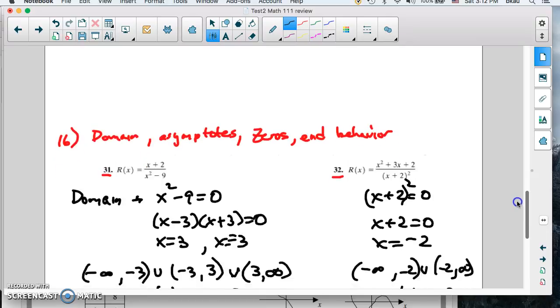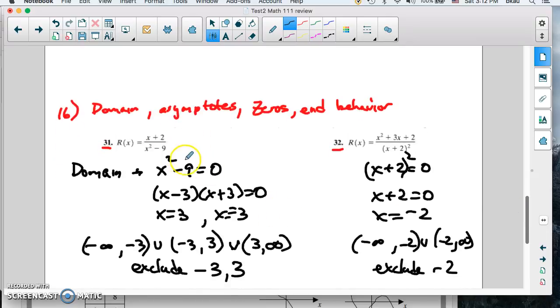We had a horizontal one at 0 here because the numerator is less than the denominator powers. The lead term powers are less. Now, as I said on this one, or I started to say, I'm not sure if I got cut off last time, the denominator is x squared plus 4x plus 4, so the powers here, x squared and x squared, are the same.